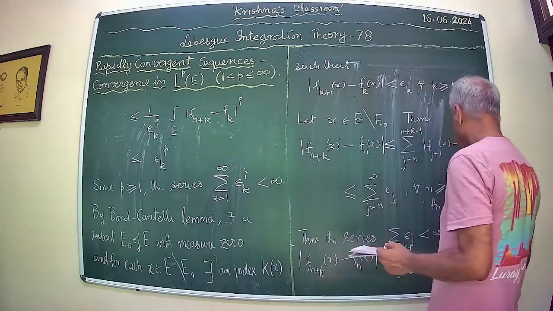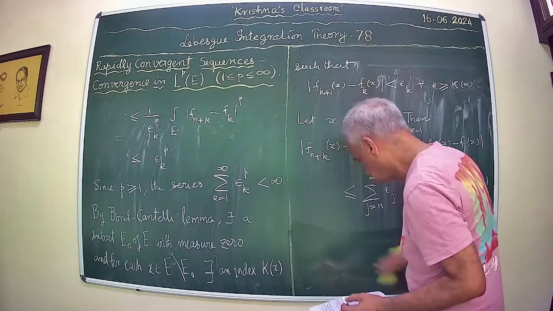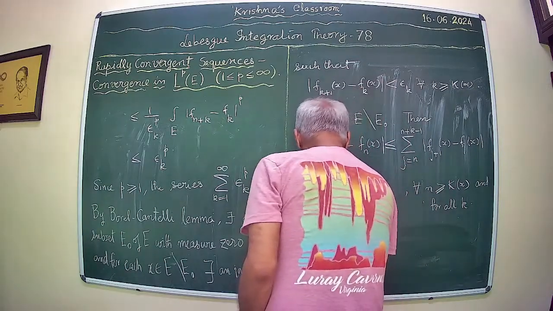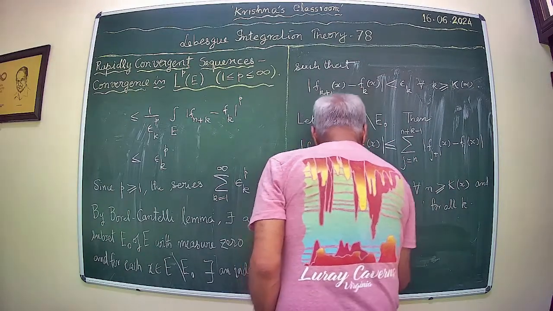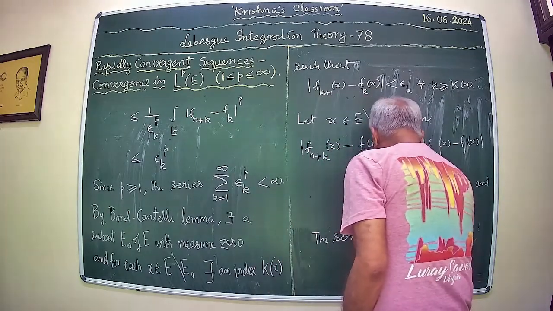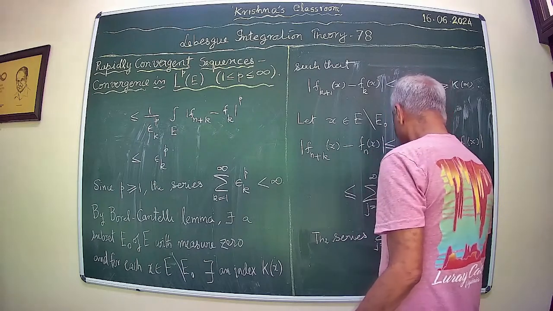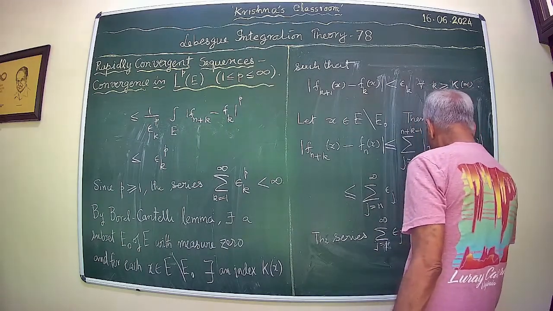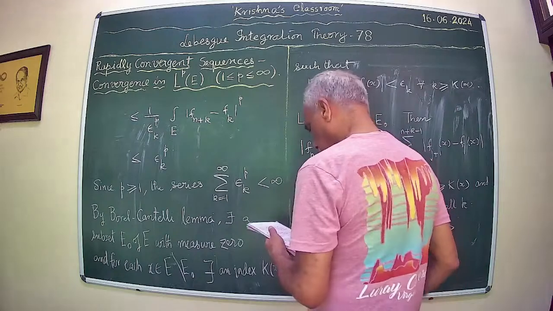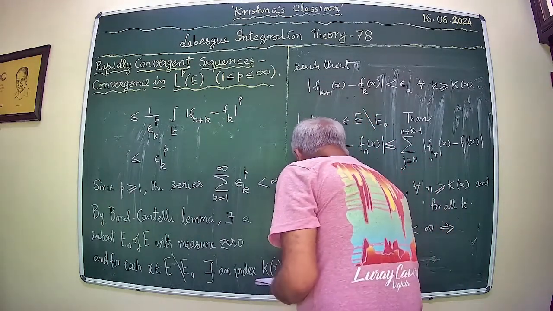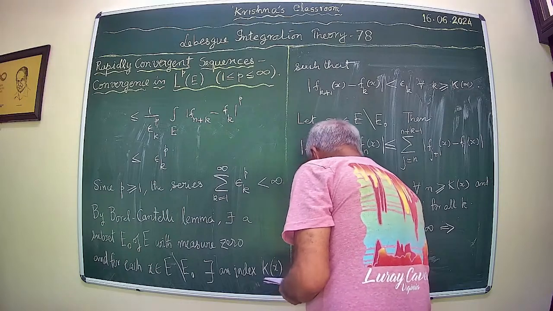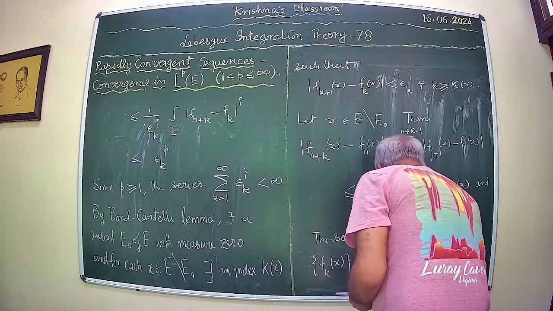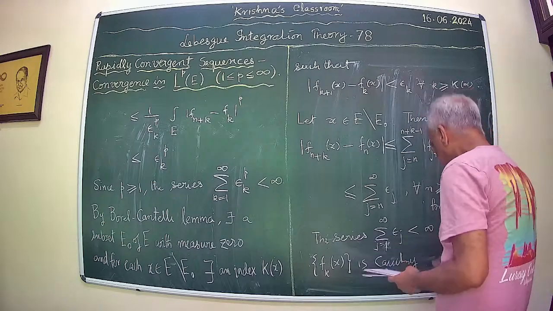Okay, this is what we have. Now the series is finite, which implies the sequence is Cauchy for each x.